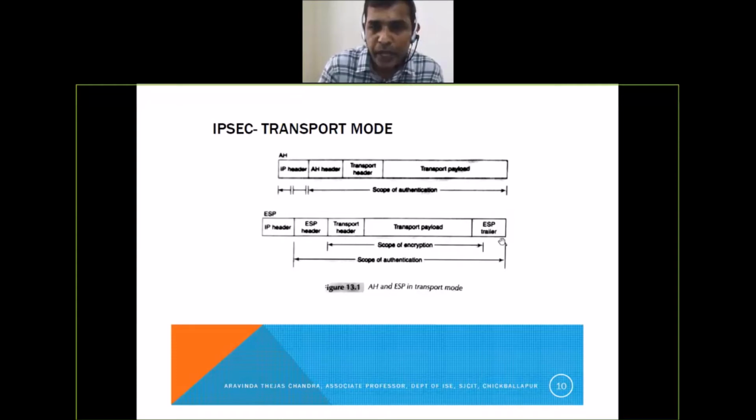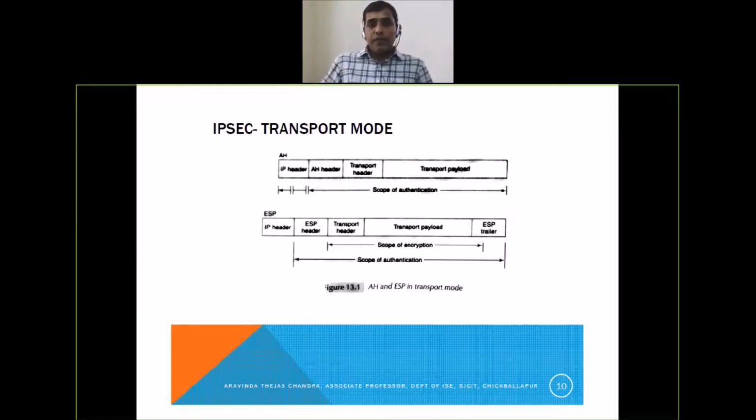So the transport header and transport payload along with the trailer are encrypted. That means from the transport header to the ESP trailer there is confidentiality. Then what is authenticated? From the ESP header to the ESP trailer, all these are authenticated.